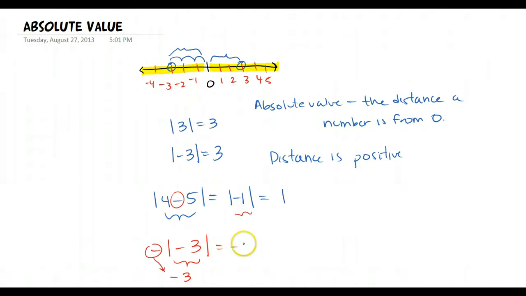So my final answer here is -3 because I am taking the opposite of the absolute value of -3. So let me do another example. Here I have the absolute value of 8 minus 4 on the inside, so I'm going to evaluate that, and I get 4. I still have that negative sign out in front, so I bring that as well, and I now have -4.